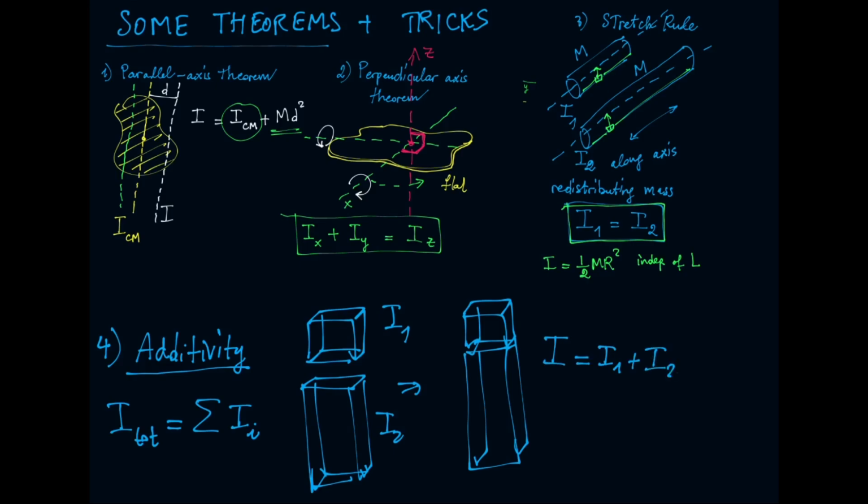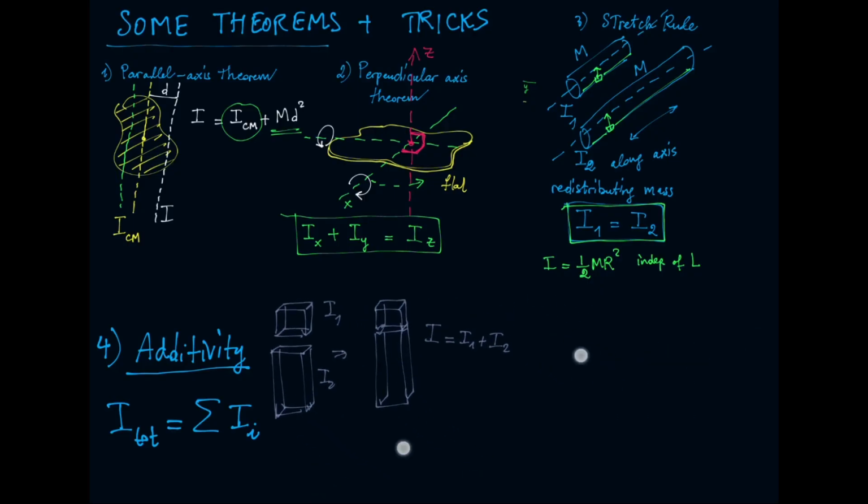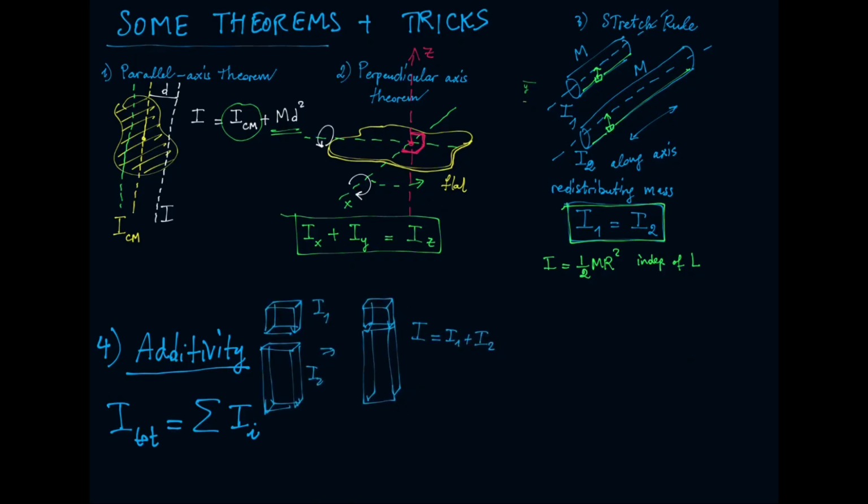And this interestingly works even in reverse for interesting shapes. One example that I want to give you is this, where let's say that I ask you to calculate the moment of inertia of a disk that has another disk cut out of it. So it's full here, and there's a hole there.